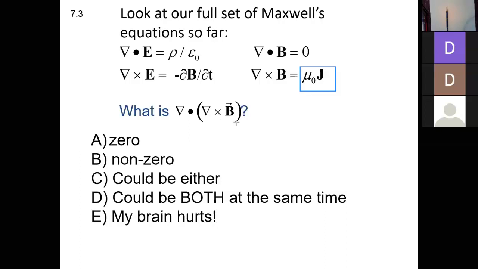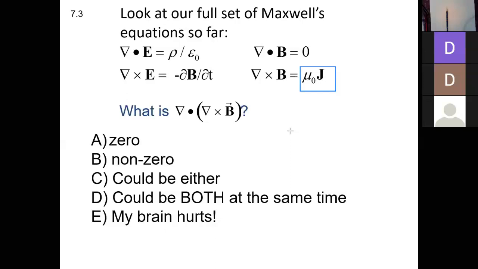Right? So this would be the divergence of J. Do you guys remember what the divergence of J is? 0. Not always. In magnetostatics, it is 0. I agree with that.